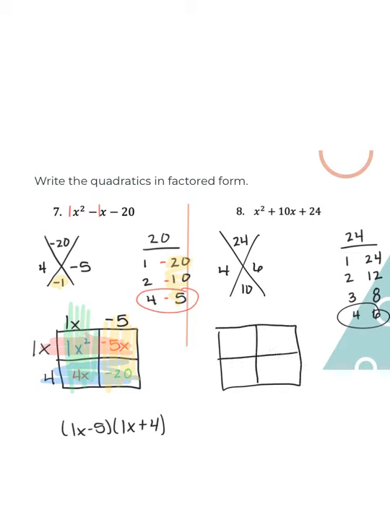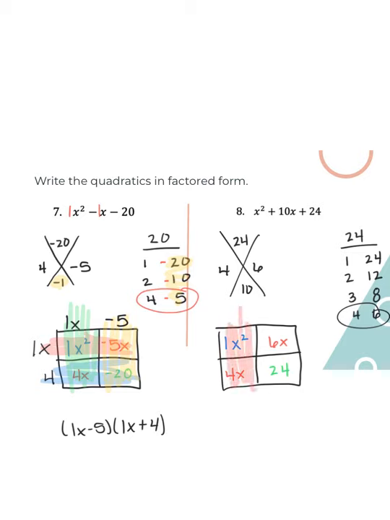Set up my box. Put my a value in my top left. So I'm just going to say x squared. Remember, there's really a 1 in front of that. Replace my b values. So I have 4x, 6x, and end with my c value. And now just find the greatest common factors between all of them.